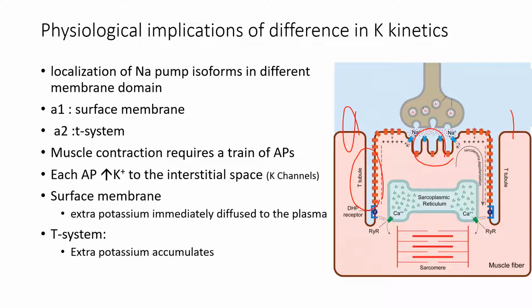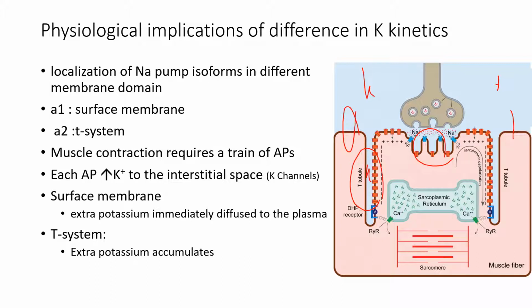One important thing is that muscle contraction requires a continuous train of action potentials. Each single action potential introduces a high amount of potassium to the interstitial space here and also here.